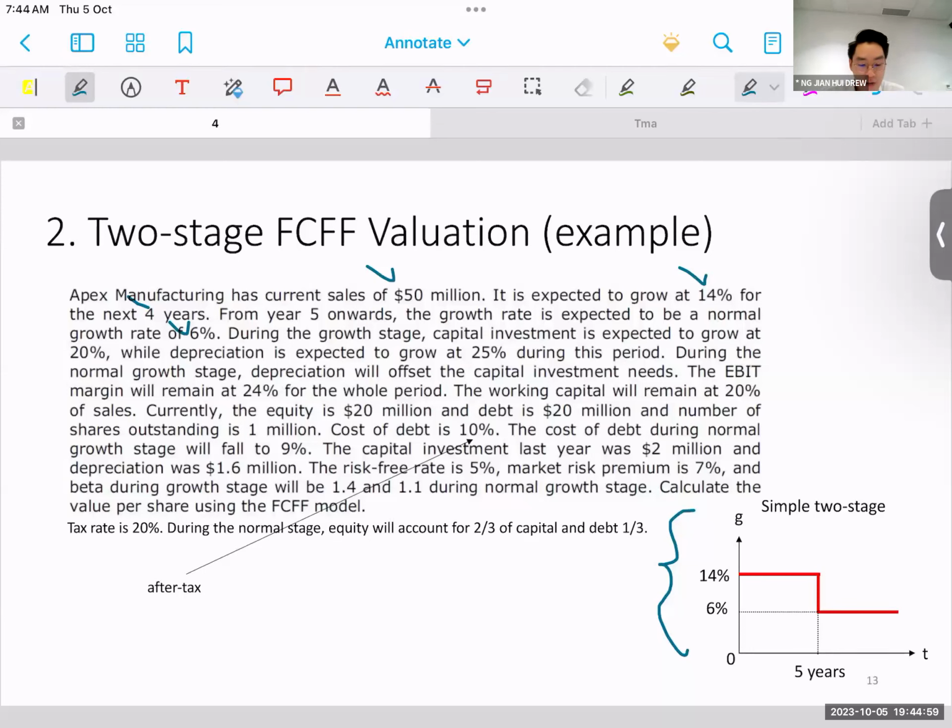What else? During the growth stage only, capital investment is expected to grow at 20%, while depreciation is expected to grow at 25%. Okay, so there is no netting that's happening in the growth stage. All right, no netting. Okay, what else?